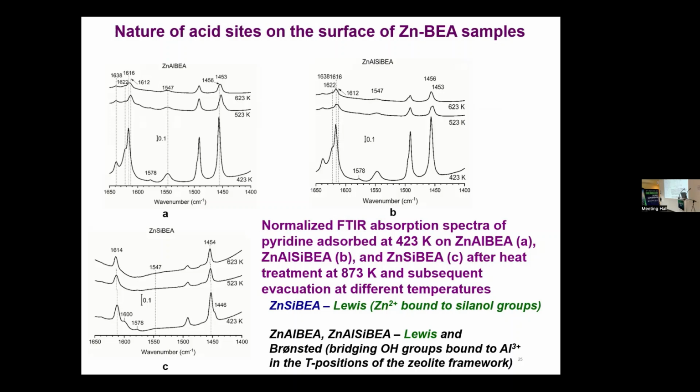In this case, also Lewis and Brønsted acid sites, because Brønsted acid sites are related to the presence of aluminum. In contrast, in the case of Zn-SC-beta zeolite, we remove aluminum, so we don't observe Brønsted acid sites in this case by infrared spectroscopy. But we have Lewis acid sites in the case of Zn-SC-beta. Okay.